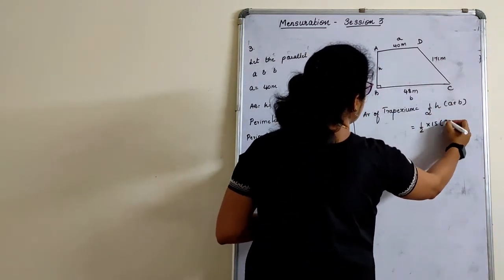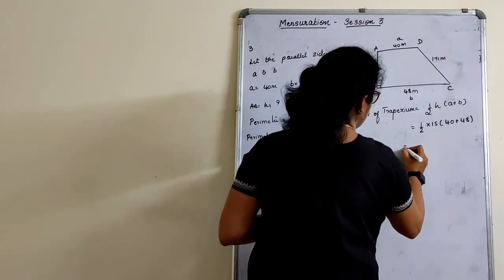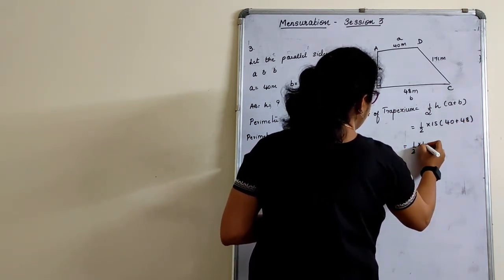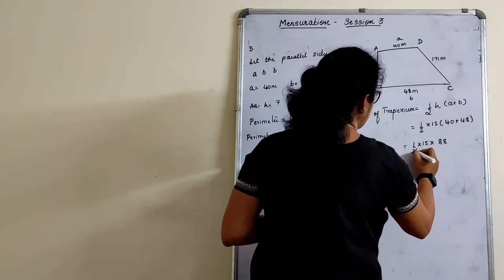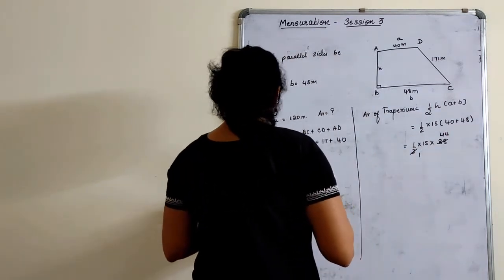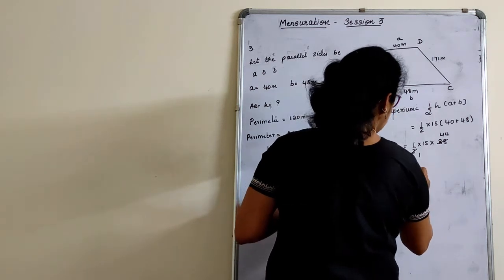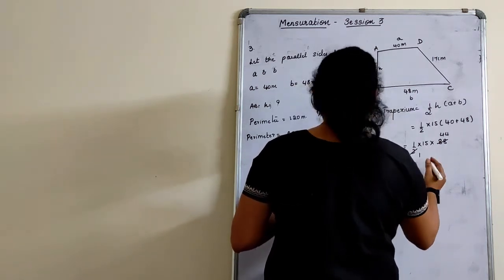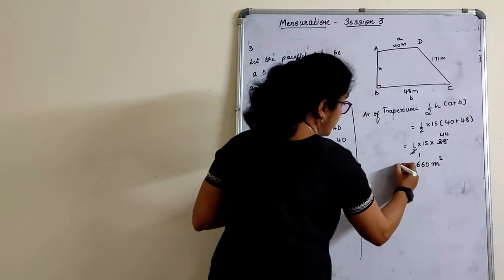How much is A? 40 plus 48. Half into 15 into 88. 2 fours are 8, and 2 fours are 8. So answer will be 44 into 15. When you multiply, you get 660 meter square.